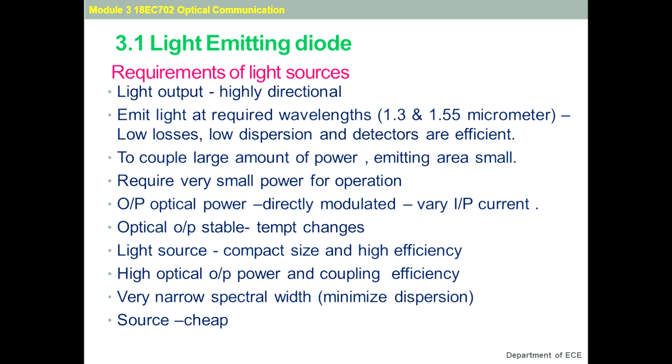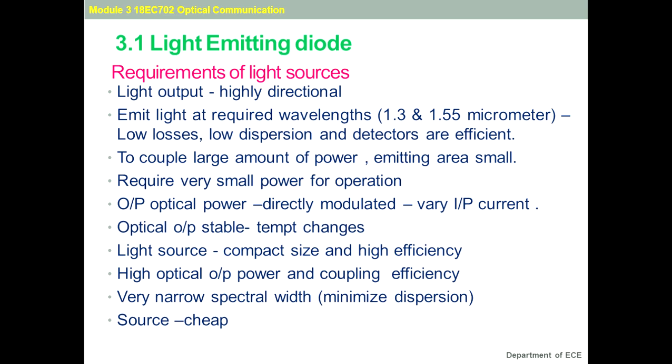We need to couple a large amount of power, hence the emitting area should be very small, and the source should require a very small amount of power for its operation. The output optical power can be directly modulated by simply varying the input current, and irrespective of temperature changes the optical output should remain stable.